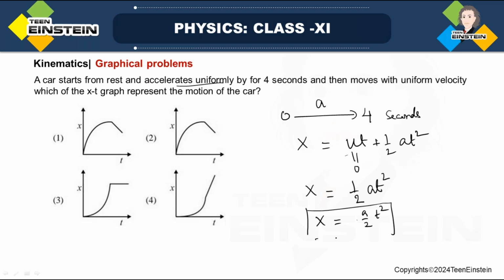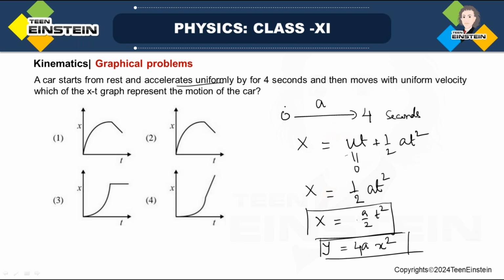So let us say this is 4a, y is equal to 4a x square. You can see this is a parabolic equation, a parabola. But we have to understand that this is happening up to 4 seconds. Thereafter the motion will be uniform, moving with uniform velocity.